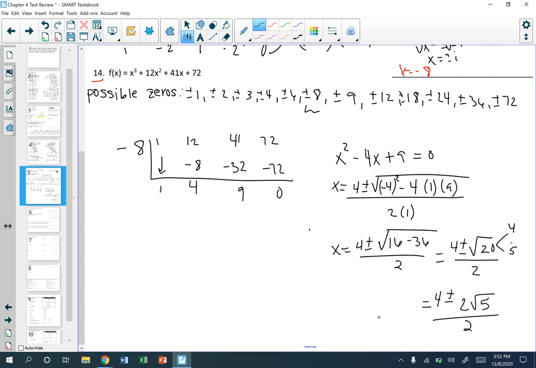And then I can reduce this even further to 2 plus or minus the square root of 5, because we can divide all of those by 2. Right, and that gives me 3 answers. Perfect, -8 and 2 plus or minus the square root of 5.